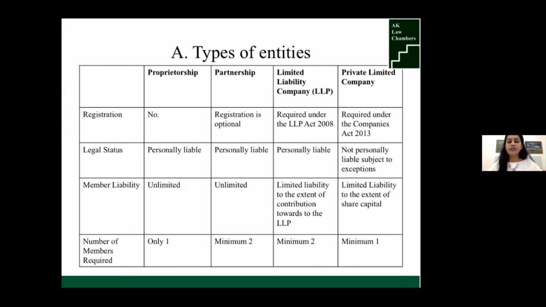Now here we've listed out the different types of entities and the procedures which are involved on an ongoing basis. Let me first start out by saying what kind of entity you need to choose. It really depends on the type of business that you have. Let's say you have a smaller concern and you're looking to run it as a sort of private practice, right?